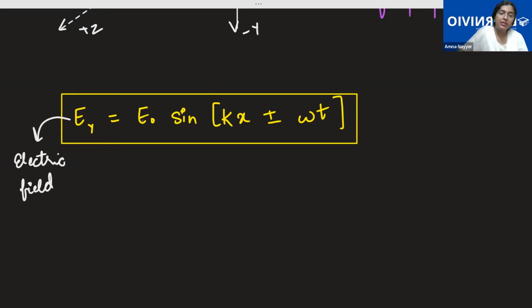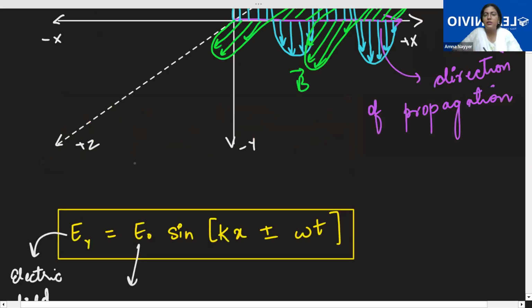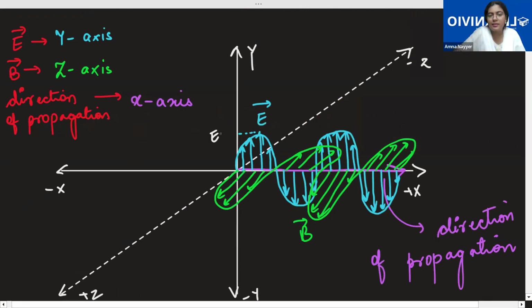Now, it's a wave. A wave will have a higher value, a lower value, a higher value, and descending to a lower value like this. So this E naught is basically the peak value, meaning the maximum displacement that is possible. Like this one, this is the peak value, the maximum displacement.